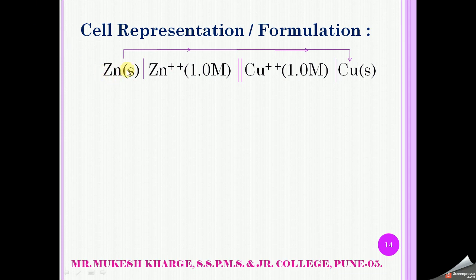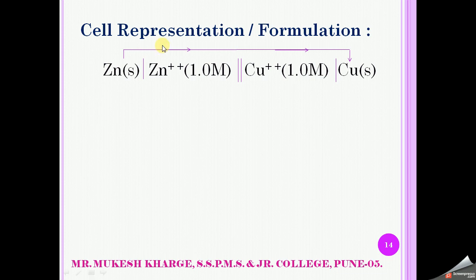So the zinc electrode is dipped in ZnSO4 solution or Zn2+ solution. Any Zn2+ solution can be used. A double vertical line indicates that the zinc sulfate and copper sulfate solutions, or Zn2+ and Cu2+ solutions, are connected through a salt bridge.